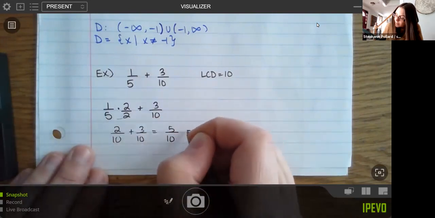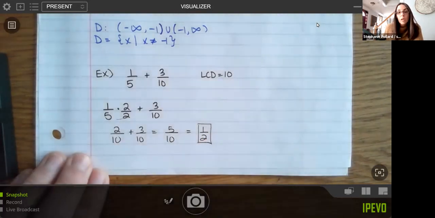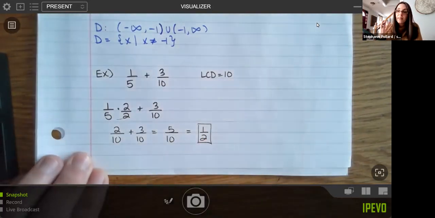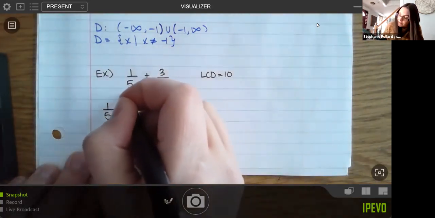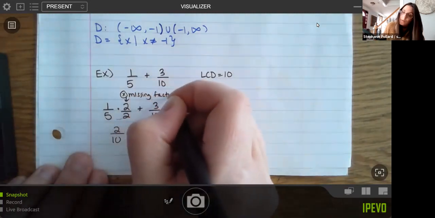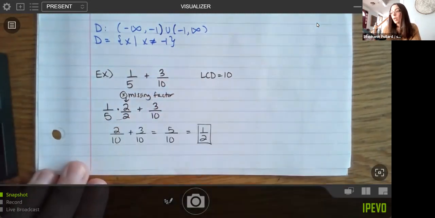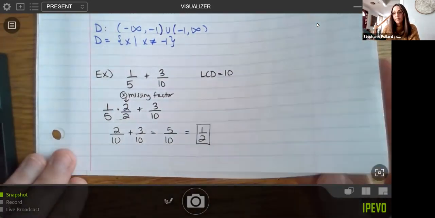And then I can simplify this to 1/2, canceling out any common factors. So you do need to find an LCD here, and you do need to multiply by that missing factor to get to the LCD. And we're going to use the same kind of strategy here. So let's do a couple of examples like this.